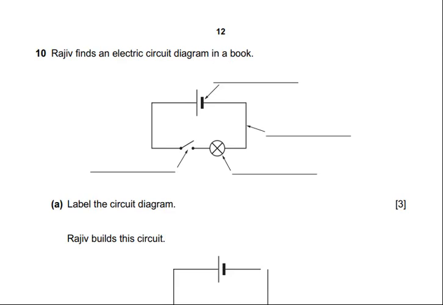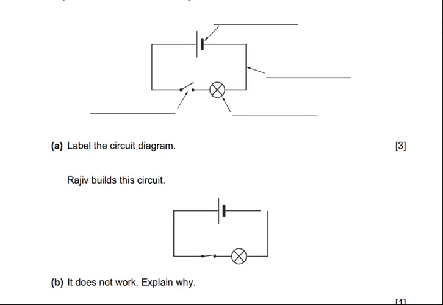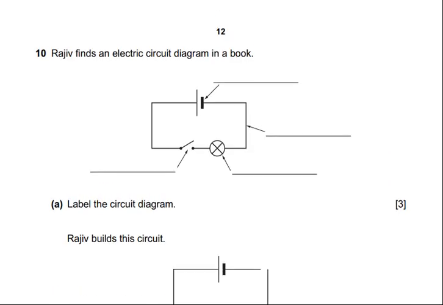Question 10. Roger finds an electrical circuit diagram in a book. Label the circuit diagram. So we have 4 blanks here. We need to label the parts of the circuit, the components of the circuit. So the first one up is a cell or battery.